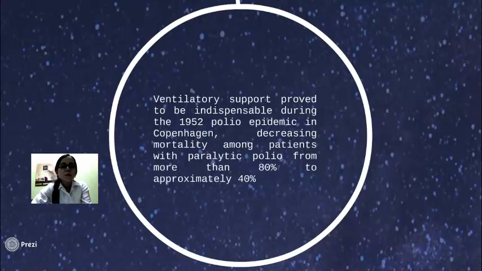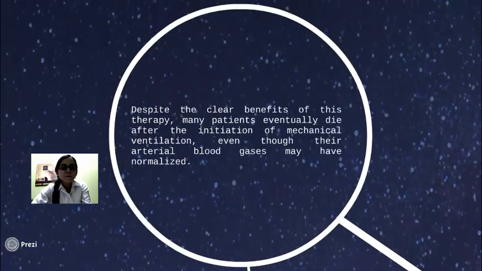Ventilatory support proved to be indispensable during the 1962 polio epidemic in Copenhagen, decreasing mortality among patients with paralytic polio from more than 80% to approximately 40%. Despite the clear benefits of this therapy, many patients eventually died after the initiation of mechanical ventilation, even though their arterial blood gases may have normalized.